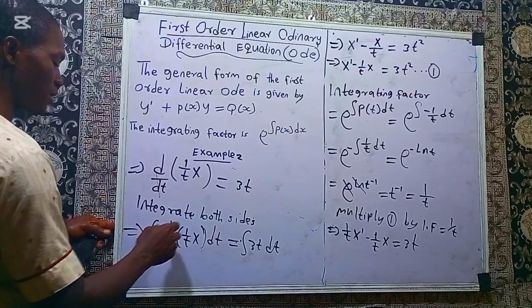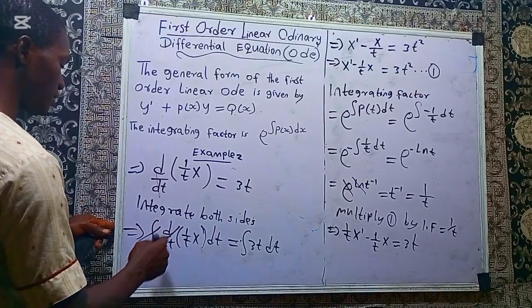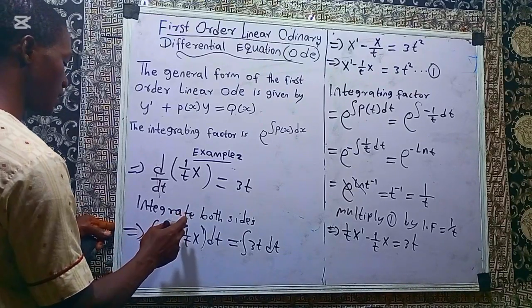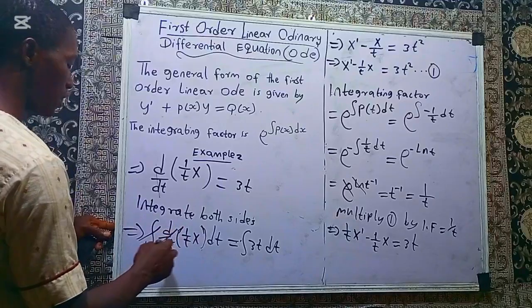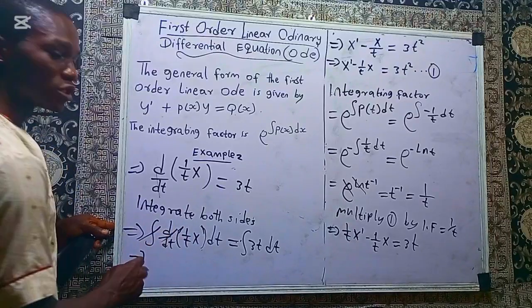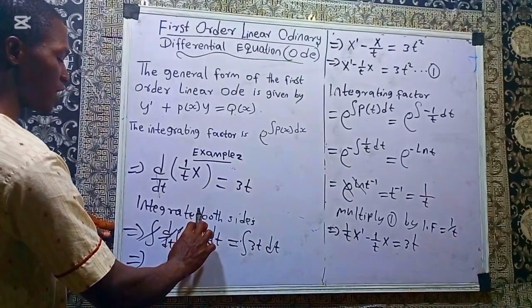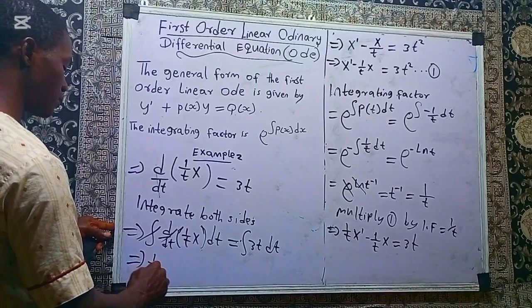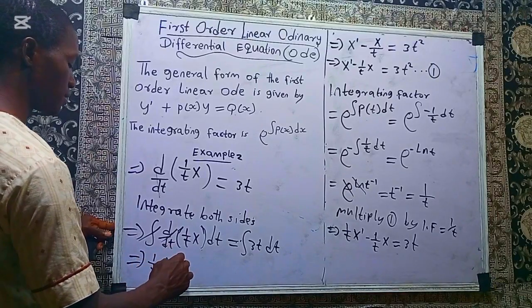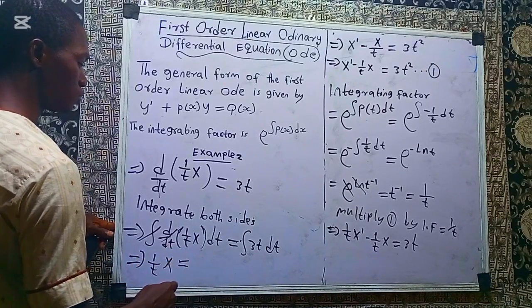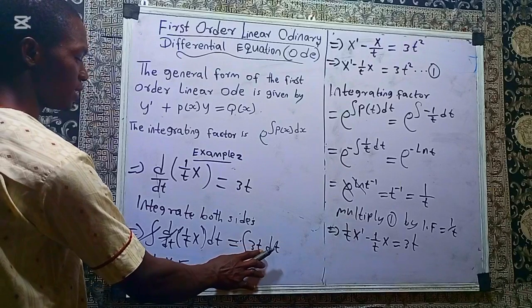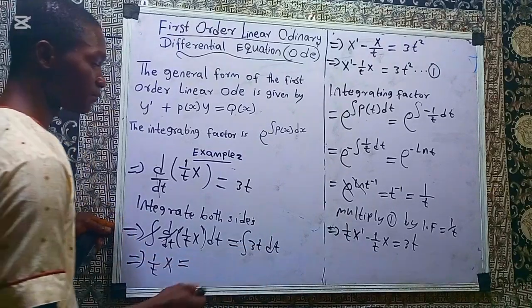So the integral and the derivative will get cancelled. You will now have this quantity inside. You have it back: 1 over t x equal to, what is the integral of 3t?